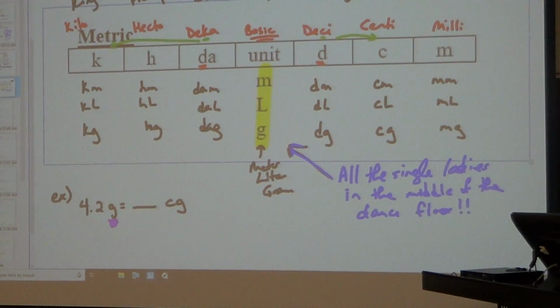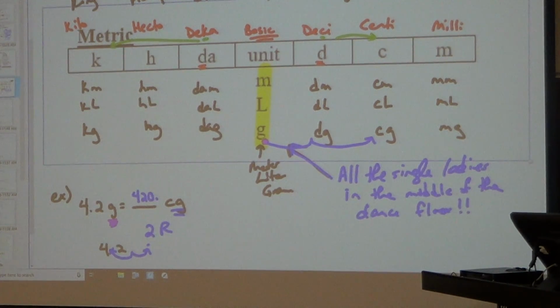Do y'all see that's a single lady? Here's gram. We head towards centigram. That is 2 jumps to the right. You pick up your decimal and you move 2 jumps to the right. Your answer is 420.